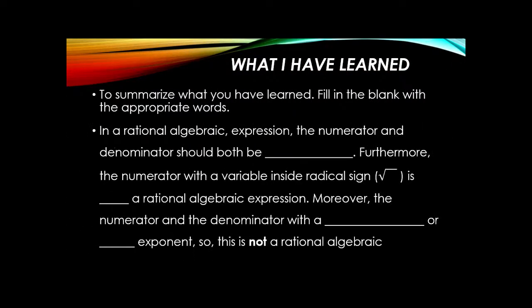To summarize what you have learned, fill in the blank with the appropriate words. In a rational algebraic expression, the numerator and denominator should both be polynomial. Furthermore, a numerator with a variable inside a radical sign is not a rational algebraic expression.